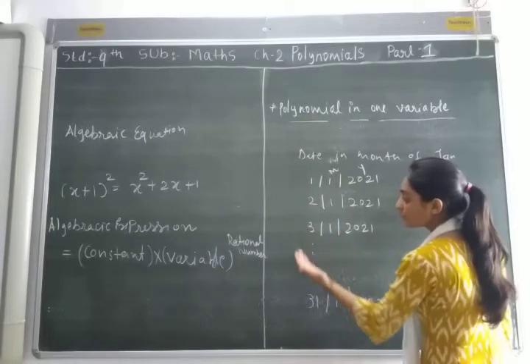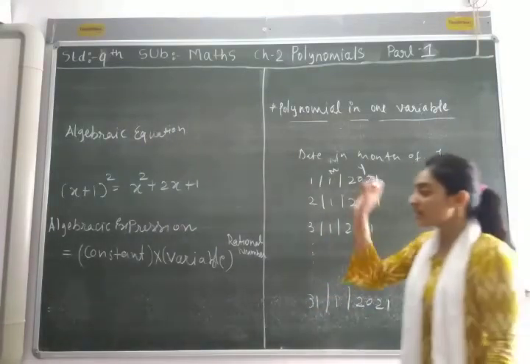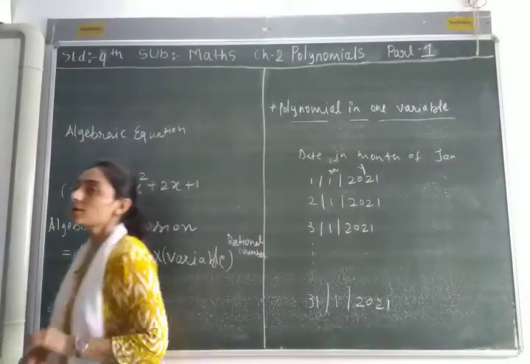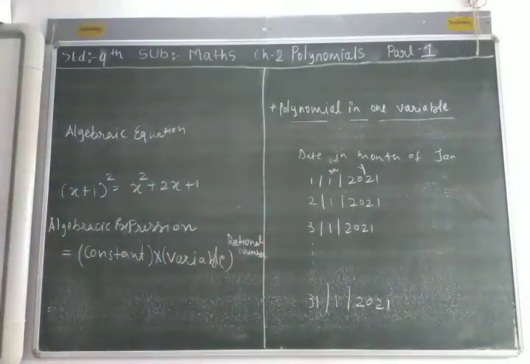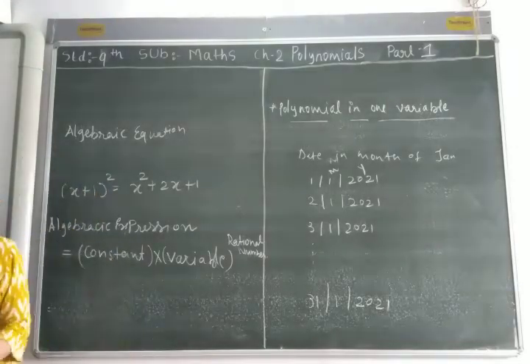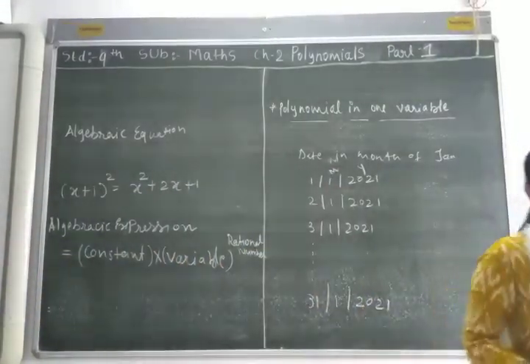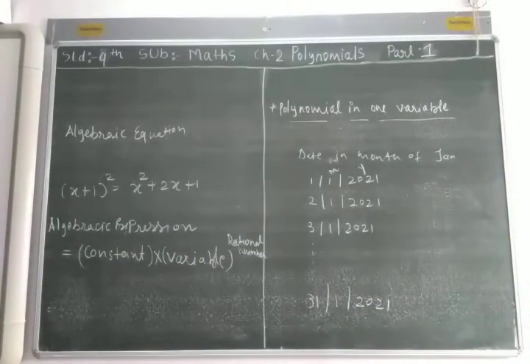Days 1, 2, 3, 4 up to 31st. So things which remain constant, or we can say do not change, we say that is a constant, and things which keep on changing, we call a variable.